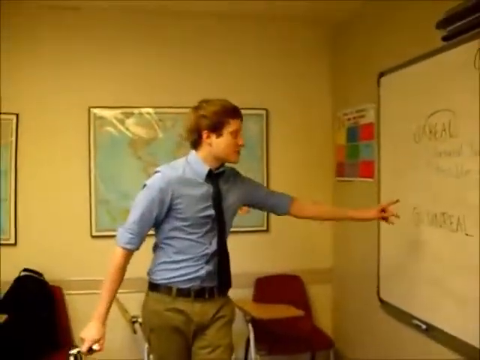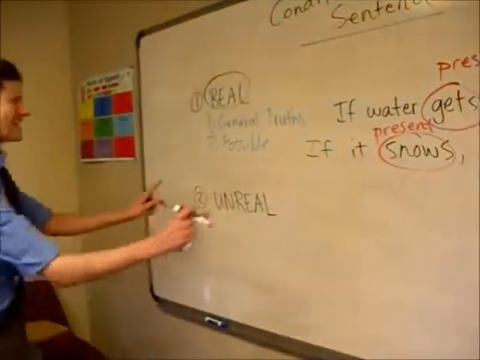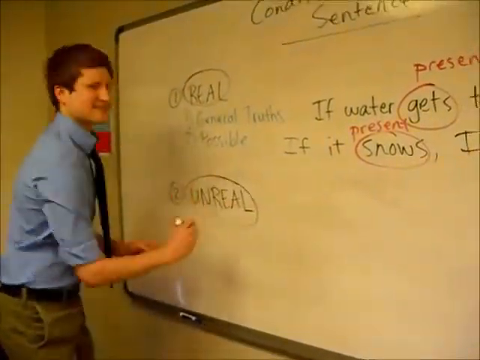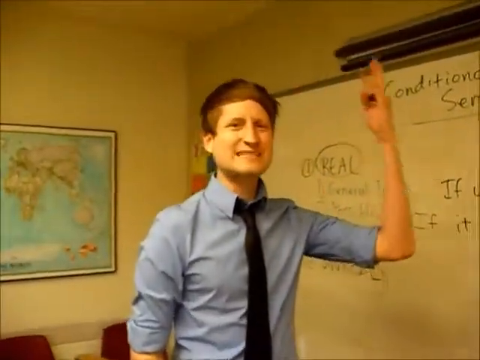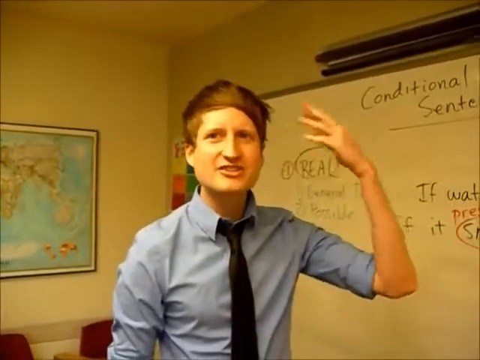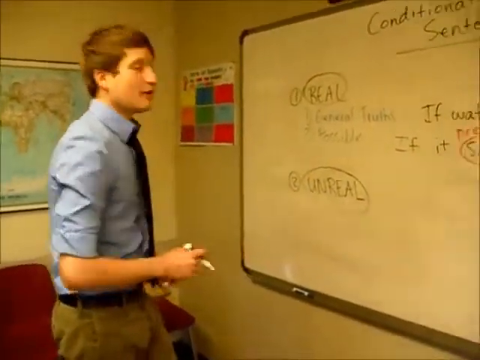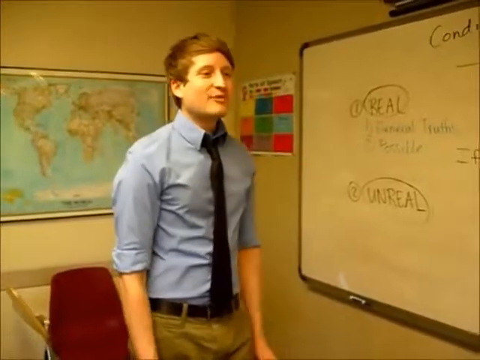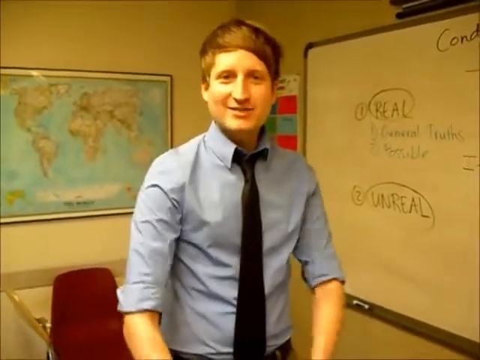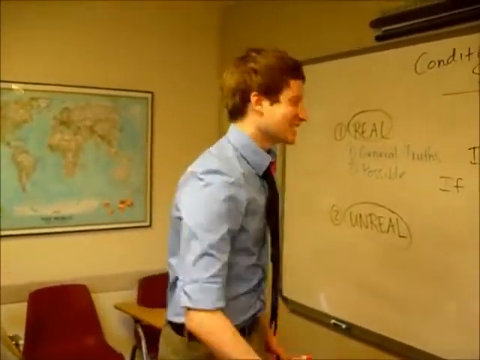But we also have situation 2, unreal. Oh my God. Unreal. So this is not true, right? This is just when you talk about dreams and things in your imagination that are not real. For example, I am a very poor man. Not really, but let's pretend.